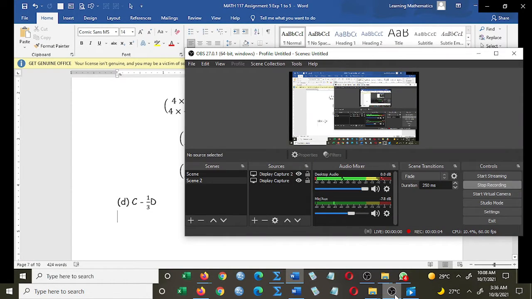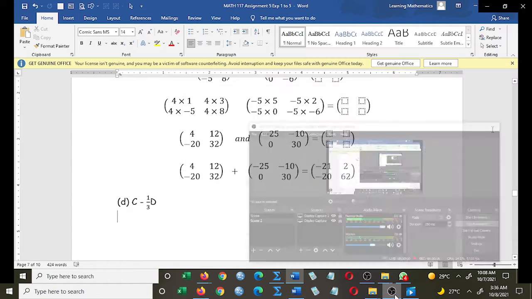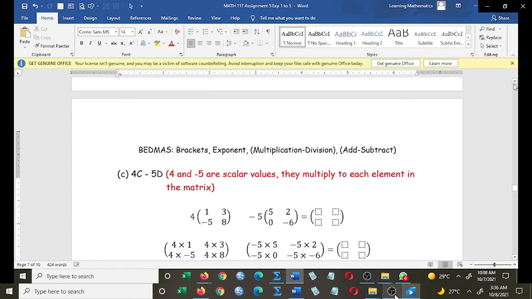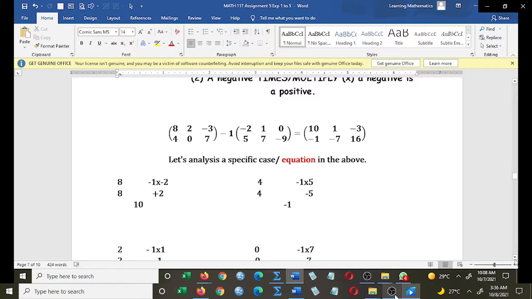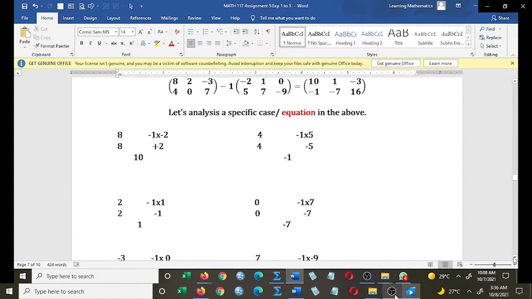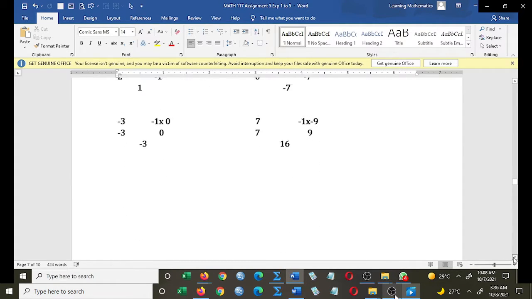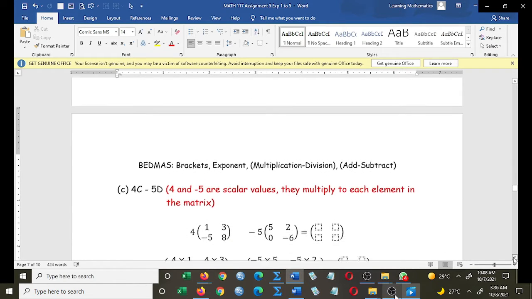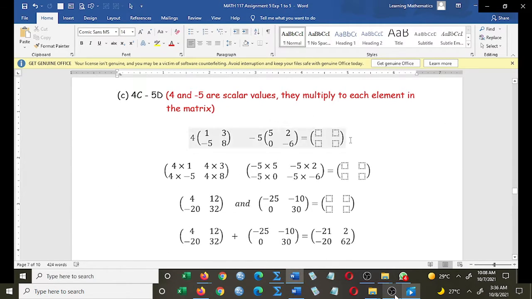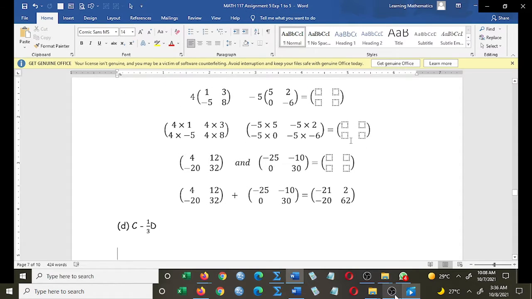C minus a third D. Right, you copy down what you have to copy down?